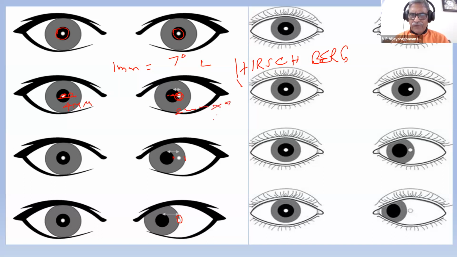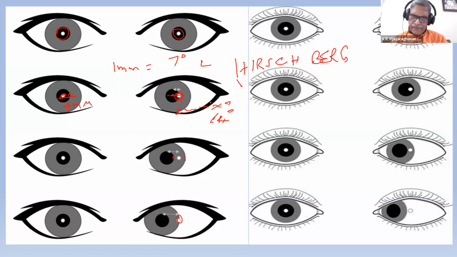So 2 into 7, approximately 14 degrees. That's why we tell that when the reflex falls at the margin of the pupil, we take it as 15 degrees of deviation.